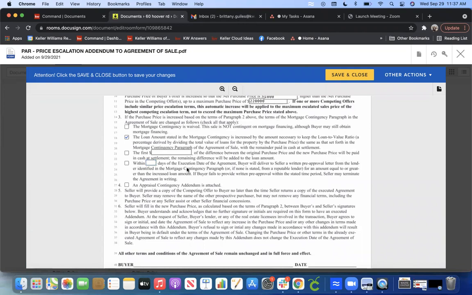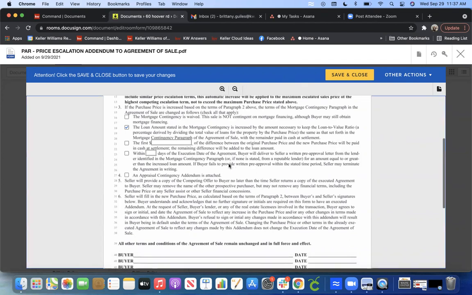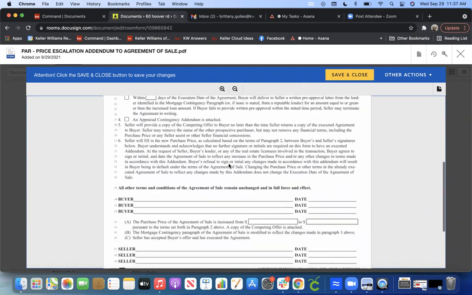Quite honestly, in this market, I would just make sure you have that pre-approval letter at the maximum amount that they're able to do to show that they're a strong buyer in this market. And then you don't have to worry about that, because as a listing agent, if your pre-approval letter says 200, but you're trying to say you could go up to 220, I would be hesitant and would make sure my seller realizes, hey, we don't know for sure that they could go that high. So just a pro tip there.